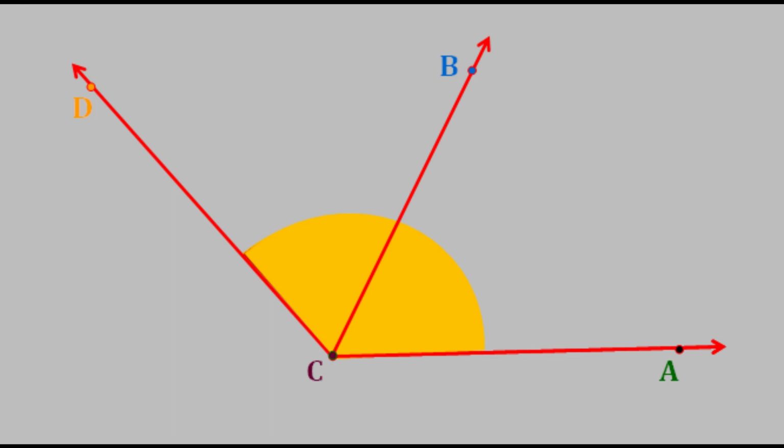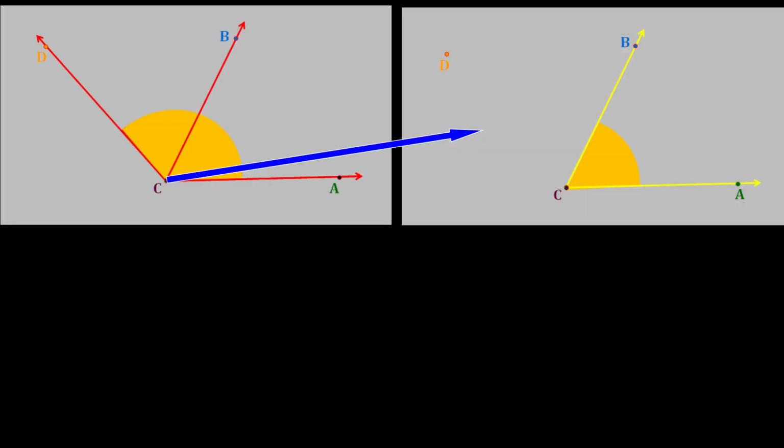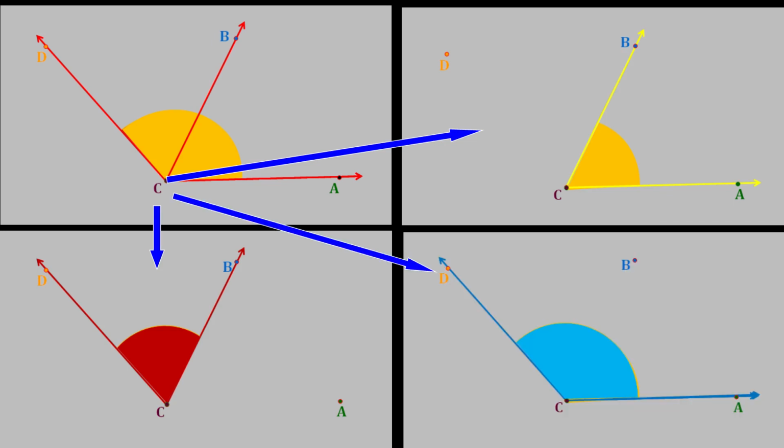As you see in the given figure, three angles are formed at the vertex C. So for clarity, the three angles formed at C will be named as angle ACB, angle BCD, and angle ACD.